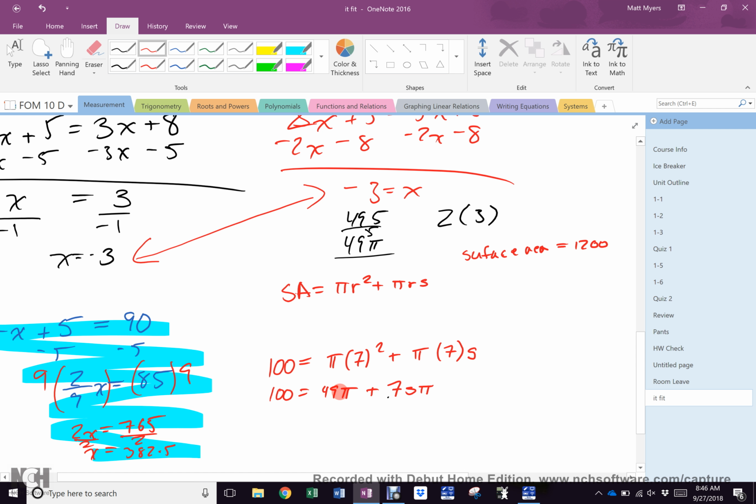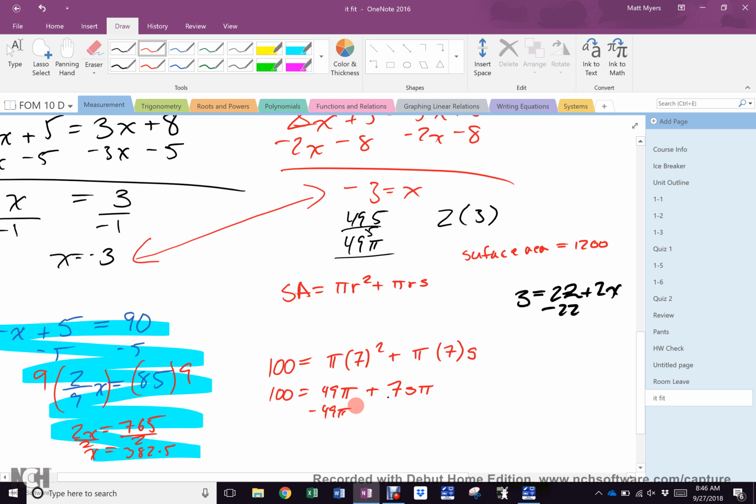Yeah. So if that said 22, you would do minus 22, wouldn't you, to get rid of it? If I had 3 equals 22 plus 2x, you would do minus 22 there, wouldn't you? So why here would you not do minus 49 pi?